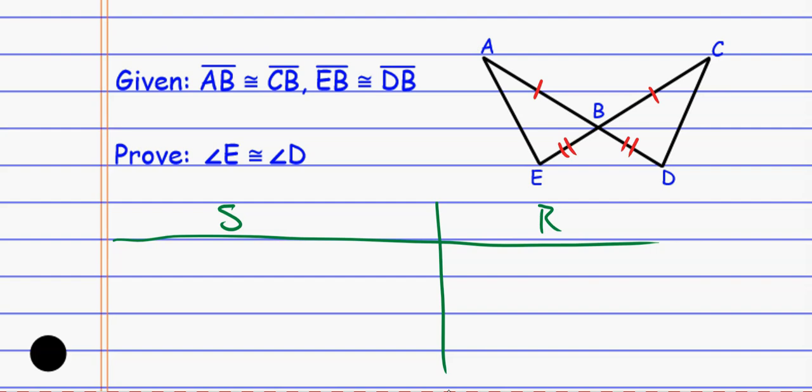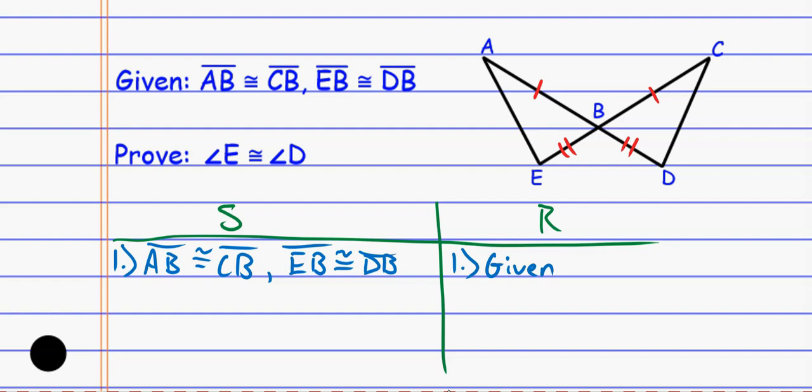So let's write down what I've marked on my figure here. The AB congruent to CB. And again, that was given. That's why I marked it on the graph.